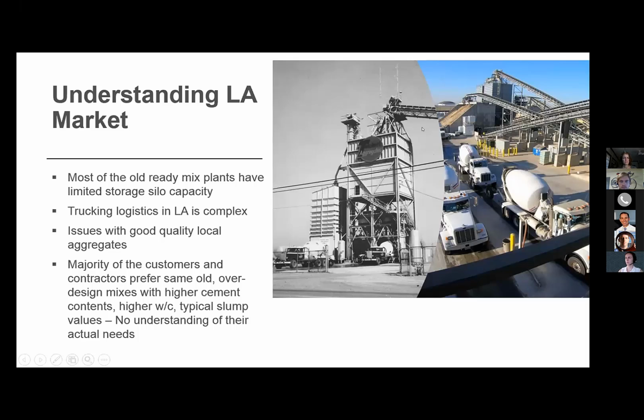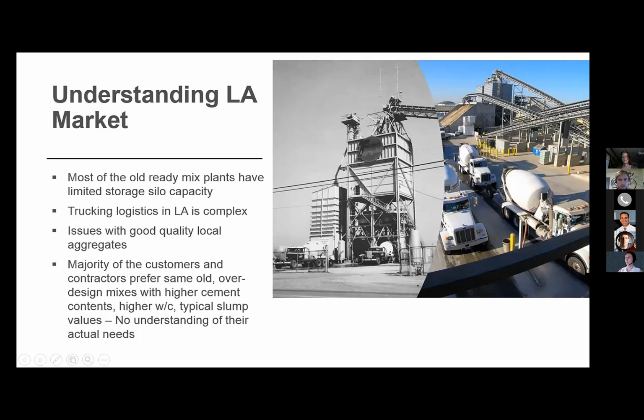But generally, a lot of the ready mix plants down here were built in the 1960s. You look at this old plant, it might have 4 or 5 bins to handle different materials and maybe 2 silos to handle cementitious materials. When they built these, they weren't thinking about sustainability. It was just get the concrete out.